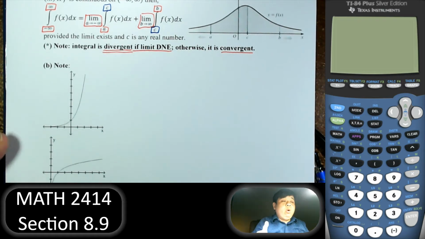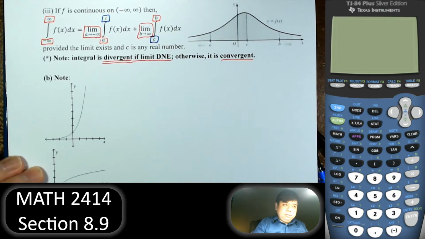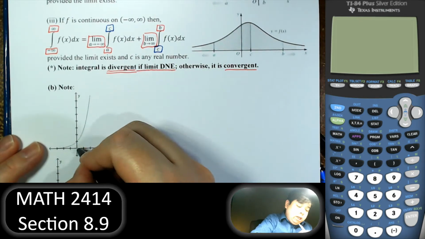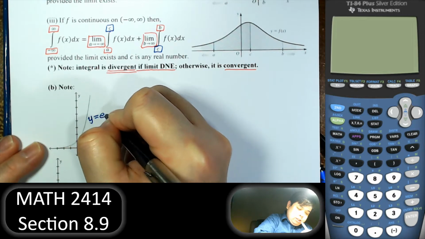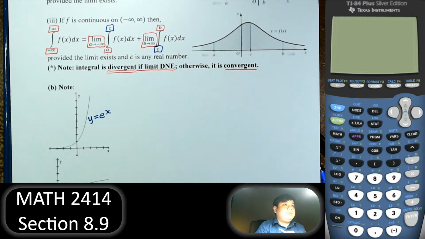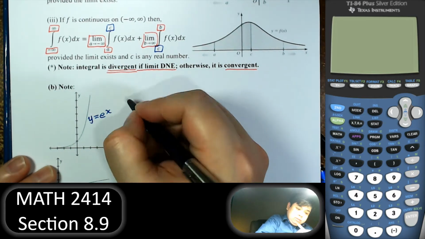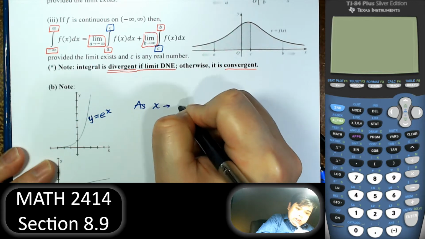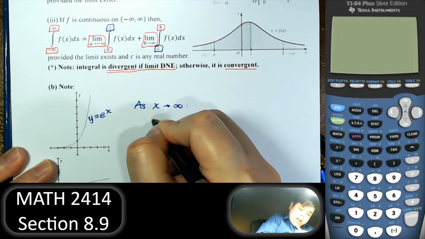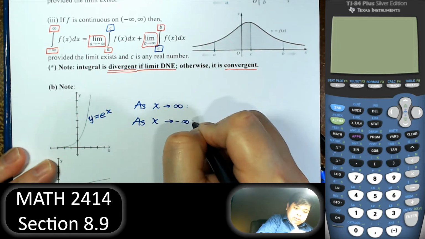Before we go to that, let's look at two common functions. First of all, the function y equals e to the x, and we focus on two things: what happens as x goes to infinity and as x goes to negative infinity.